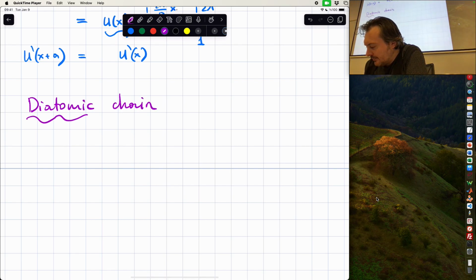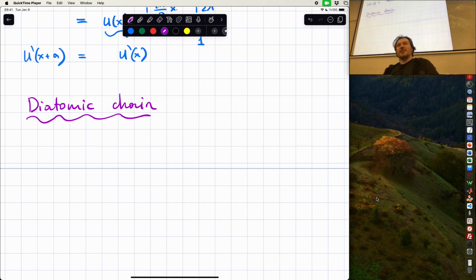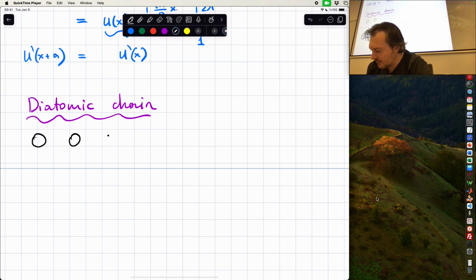Actually, it's not really a diatomic chain. It's not like boron, nitrogen, boron, nitrogen, boron, nitrogen. Let's look at the case when you have carbons. In reality, if you take a carbon atom chain, it won't stay like this.